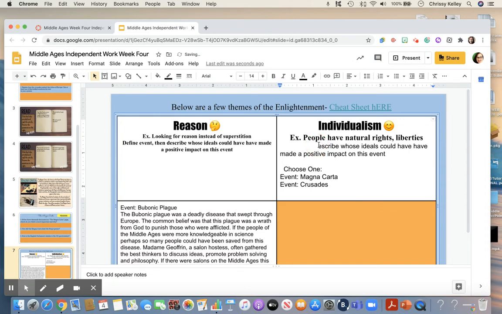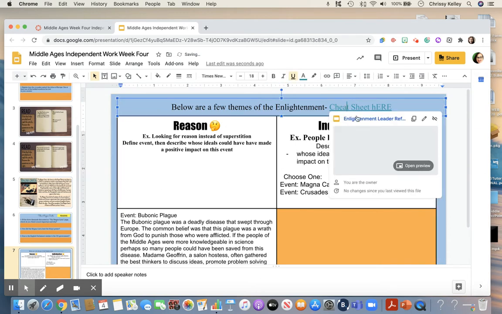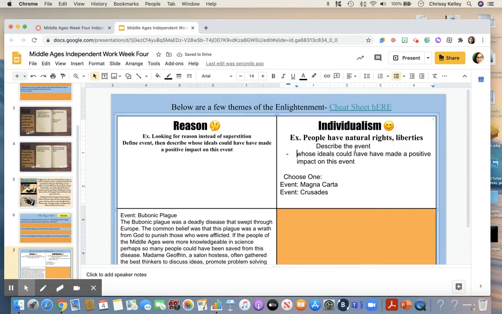You're going to describe the event at hand, and you're going to tell me who in our Enlightenment would have had a positive impact on this event. Like, who could have helped this event?